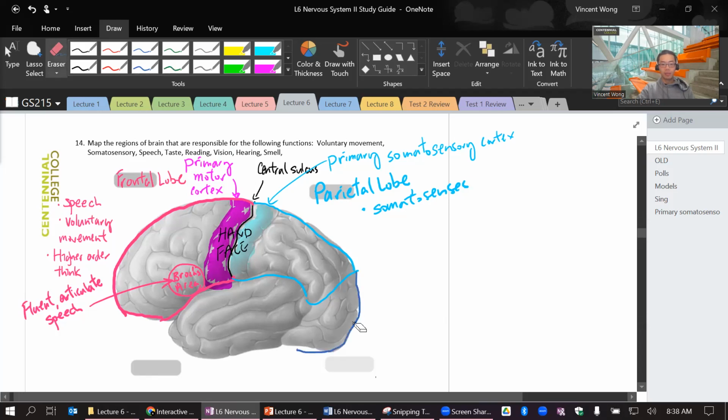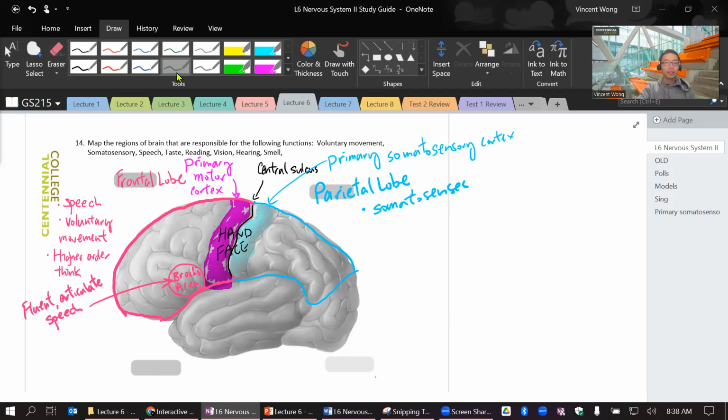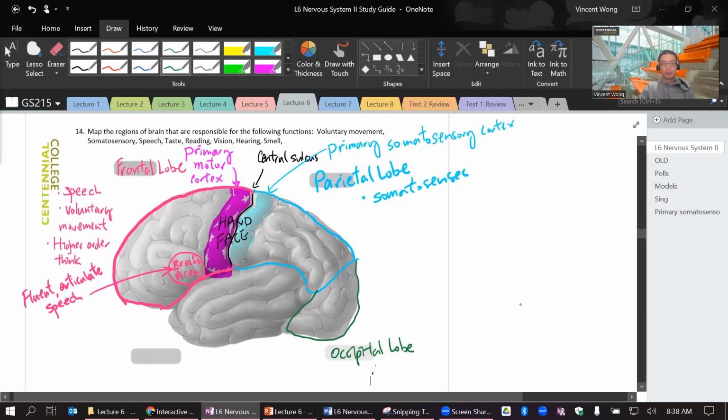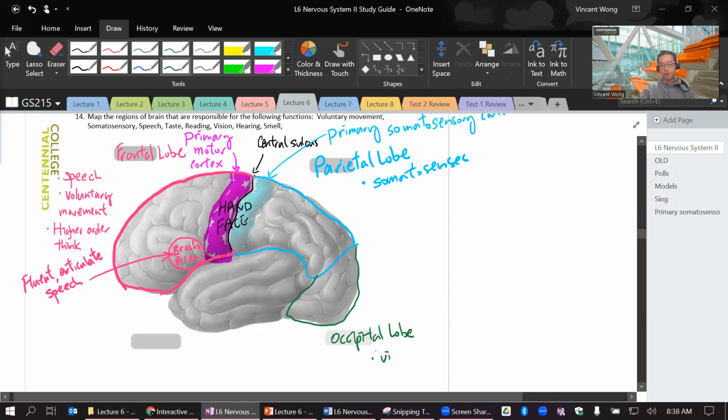Okay, right here we have our occipital lobe. Oh, that's not the color I want. I want the green. There we go. Occipital lobe. And the key function is visual here, right? And there is, of course, the visual association area in the occipital lobe.